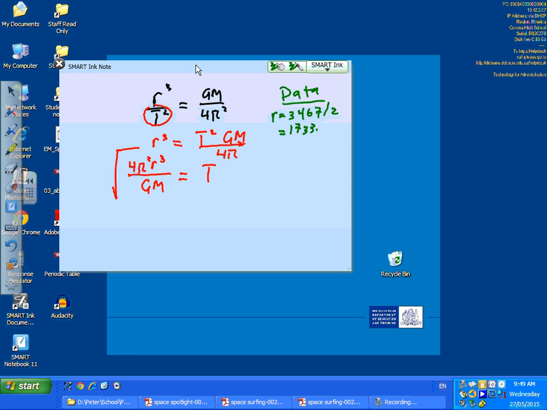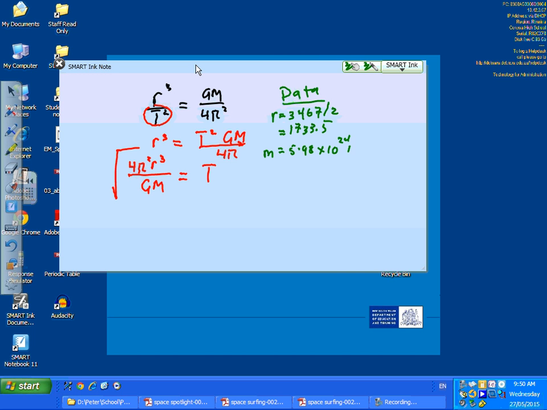The mass of the Earth is 5.98 times 10 to the 24 kg. So you need 10 to the 3 on the 1733.5, because that's in kilometers, so you need 10 to the 3 to make it meters. Yep, correct.